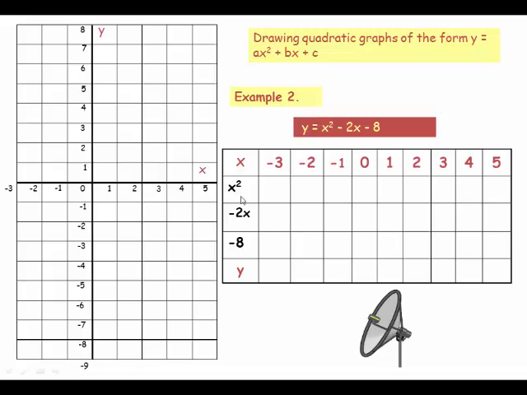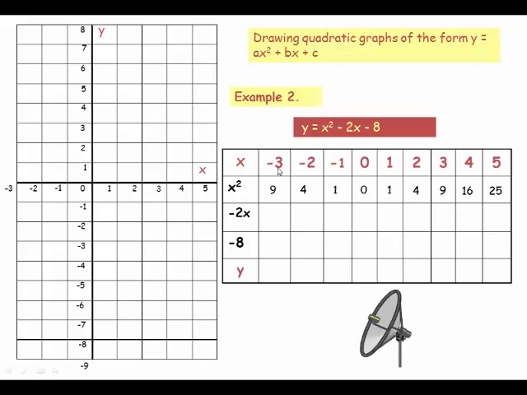On the table you see we've broken the rule into 3 parts. The first part says to square the x value. As before, -3 squared is +9, -2 squared is 4, -1 squared is 1, 0 squared is 0, 1 squared is 1, 2 squared is 4, then 9, 16, 25. The next part of the rule says to multiply the x value by -2.